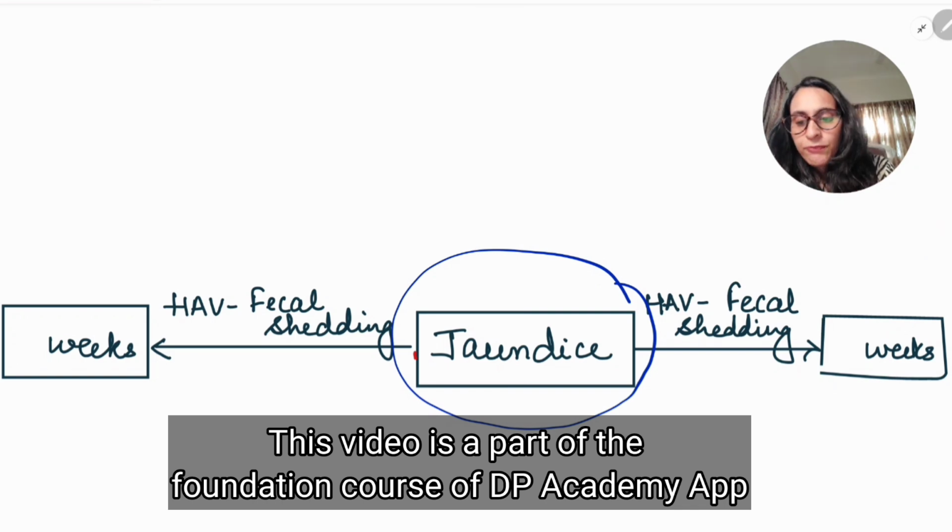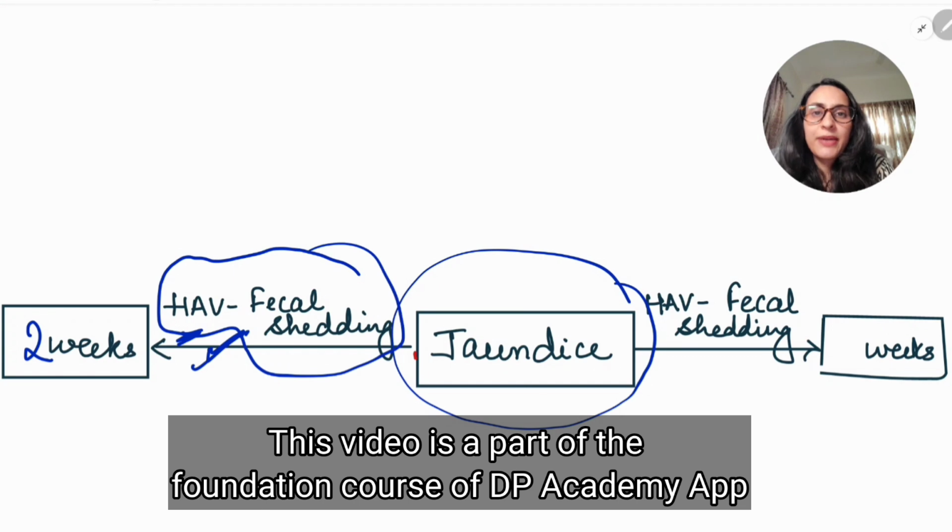So what happens? Two weeks prior to the jaundice symptoms, there is going to be hepatitis A virus shedding in the stool. That means 2 weeks prior to showing the symptoms, there is going to be shedding of hepatitis A in the feces, and 2 weeks after the onset of jaundice, it is going to show hepatitis A virus in the feces.